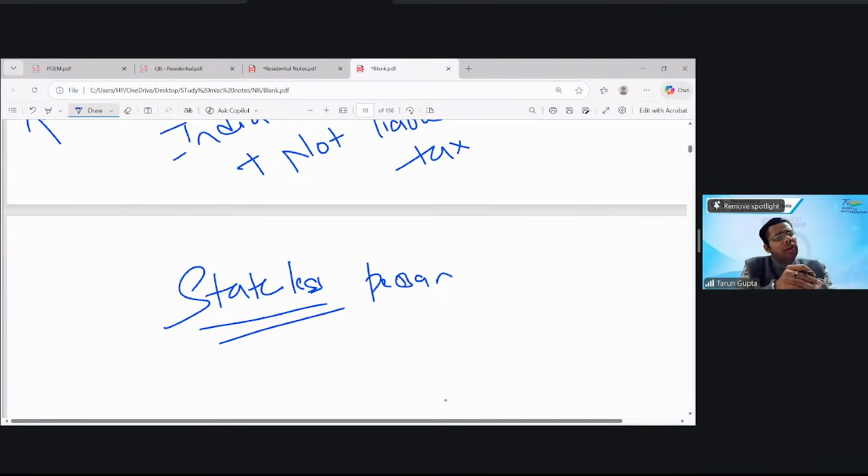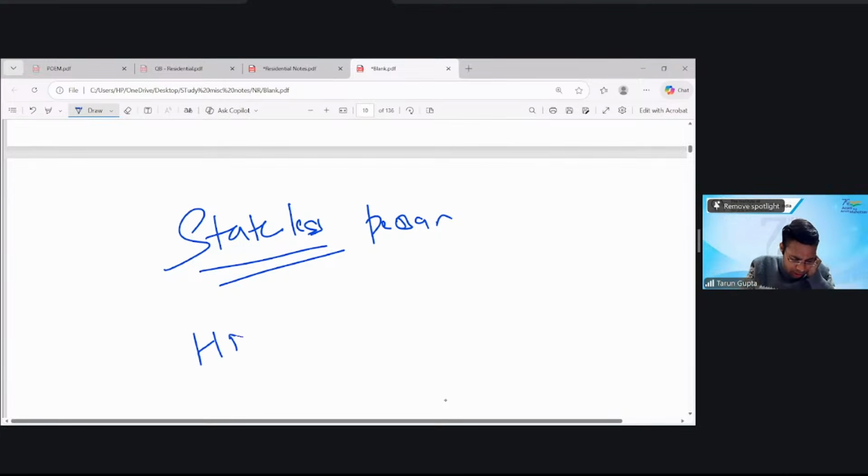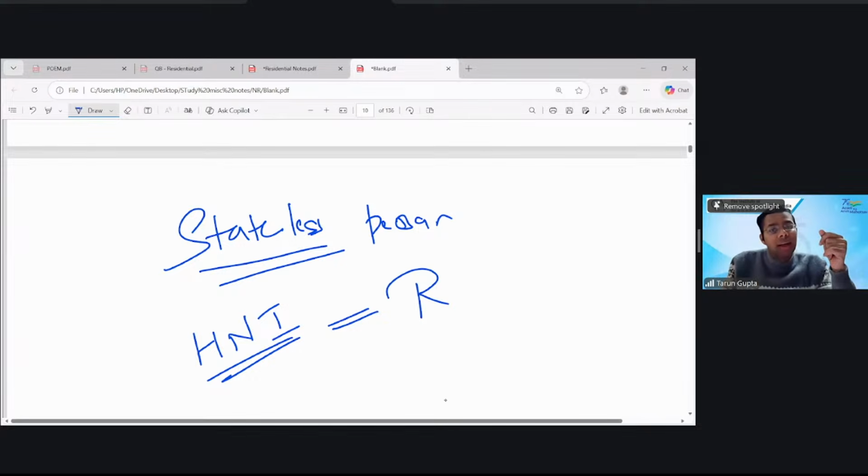In every country there is a number of days, and if you stay there for more than that, you qualify as resident. These people are normally HNIs. We are talking about film stars, business tycoons, or sports personalities. They manage their affairs in such a way that they don't qualify as a resident in any country, so their global income is not taxable in any country.